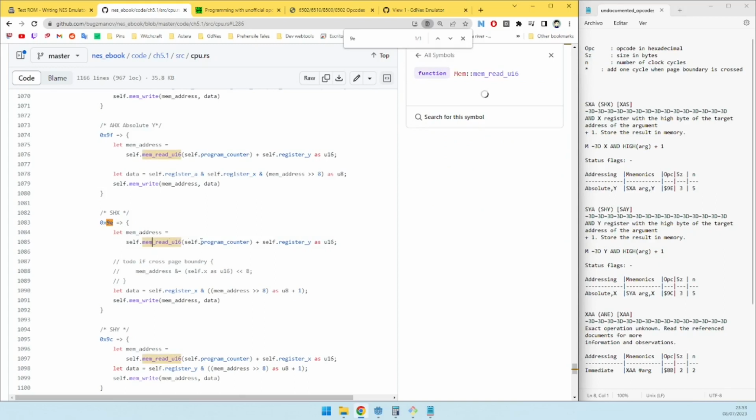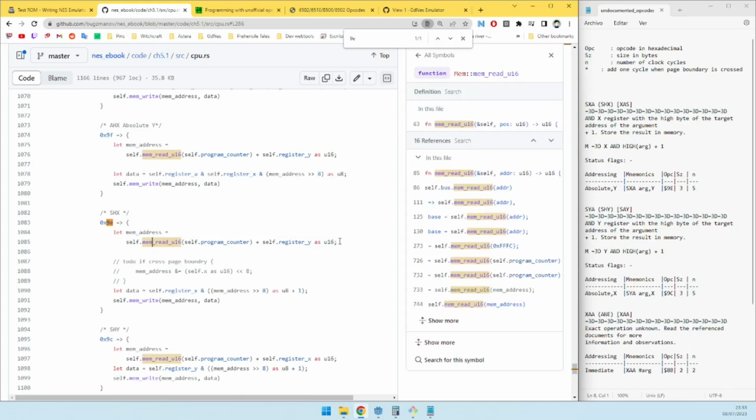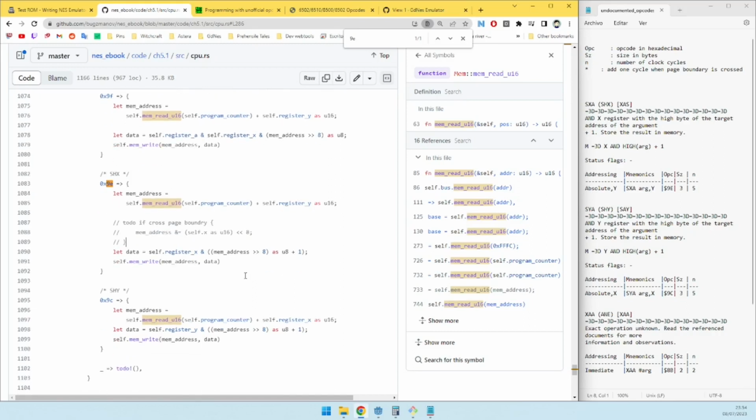So it is getting the address. Data equals X and the address plus 1. It is making a plus 1 in here.